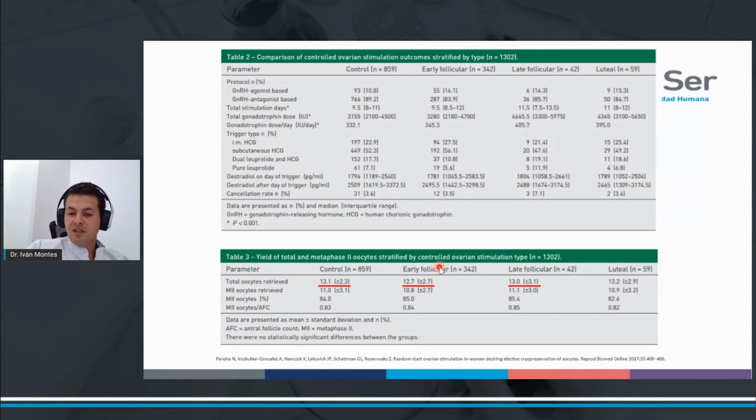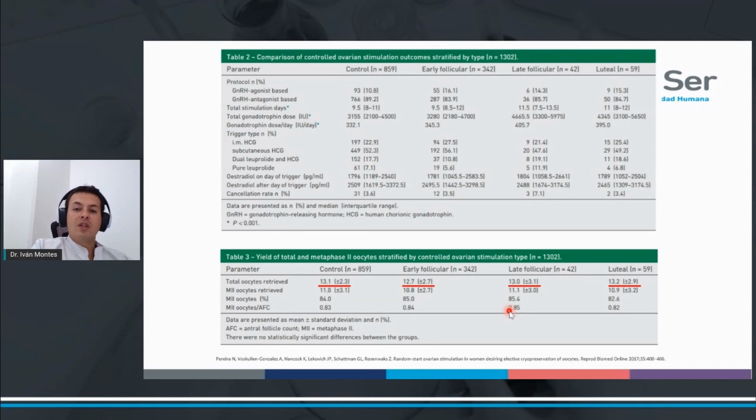And patients on the late follicular phase where 13 were retrieved, and in the luteal phase where 13.2 were retrieved. But the number of mature oocytes was almost the same in the 4 groups, which means that you don't get better results if you start any day, but neither a bad outcome.